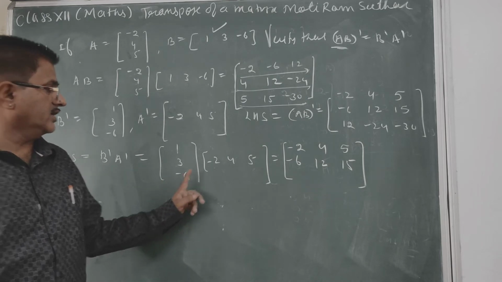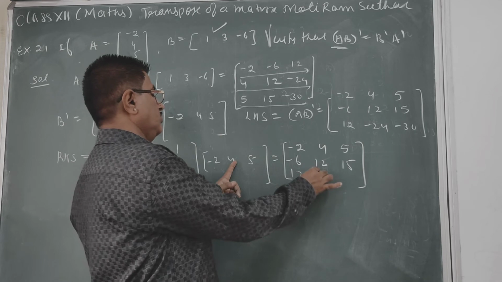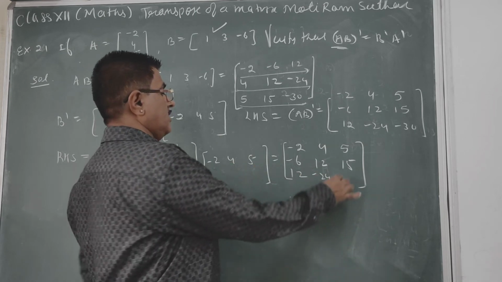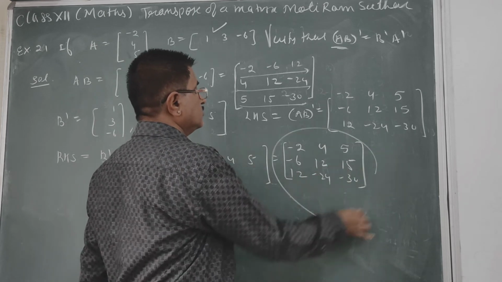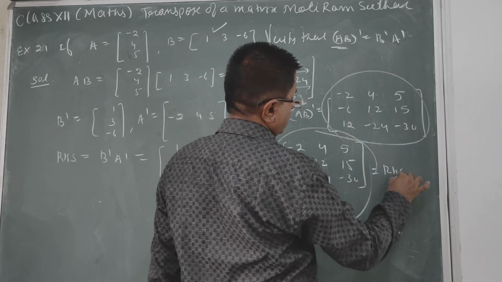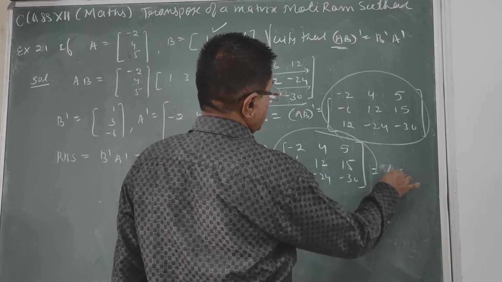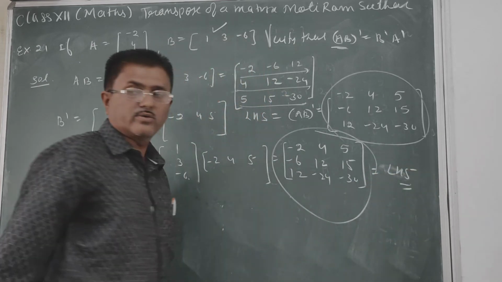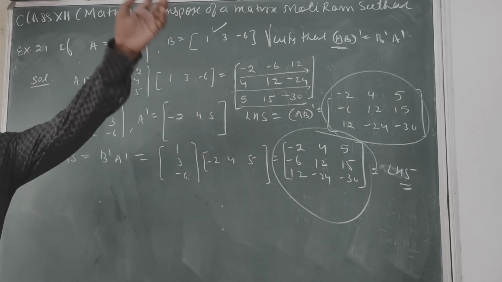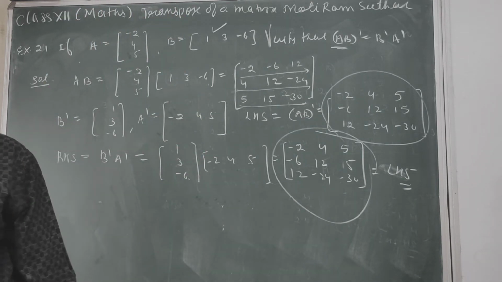Now third -6 into -2 plus 12, -6 into 4 -24, -6 into 5 -30. Now in student you can say both are equal, these matrices are equal. So we can say this left hand side and right hand side are equal. So with the help of example we prove this property. Clear?